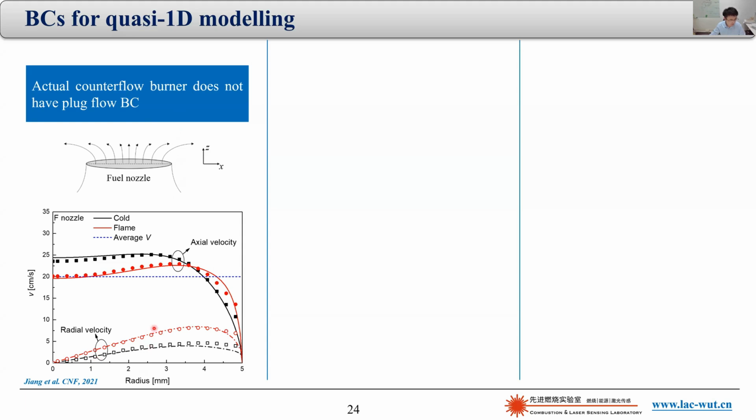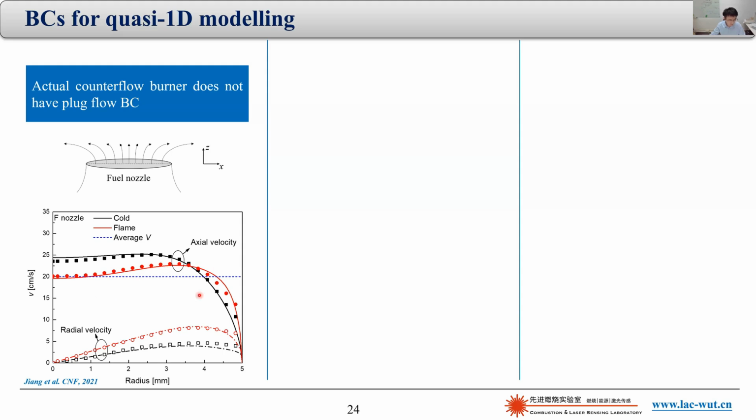In many cases, we assume a plug flow and simply use the flow rate divided by the nozzle exit area to compute the average velocity as the boundary condition, and assume there is no radial component. But this is not the case in reality, especially when you use counterflow burners with contoured nozzles without flow straighteners.